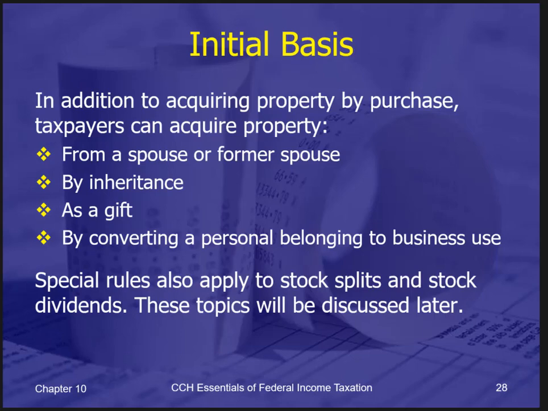Okay, now, what if you don't buy property? What if you didn't go and in a normal transaction pay cash or borrow money and buy something? What if you got it from a spouse, you inherited it, you got it as a gift, or you converted from personal to business use? Those are the special rules we need to talk about here for a little bit.